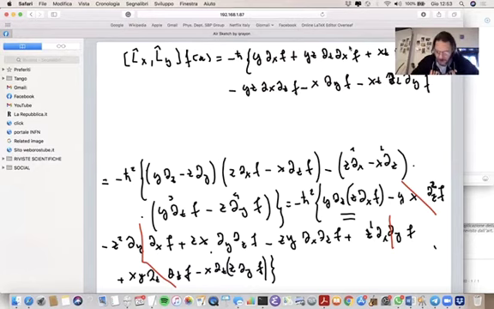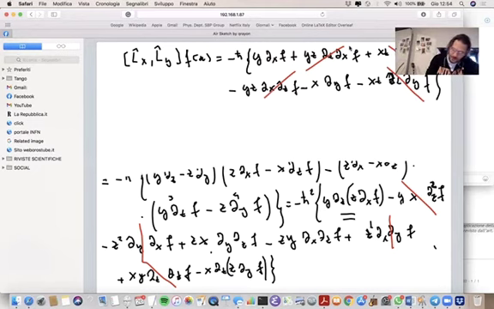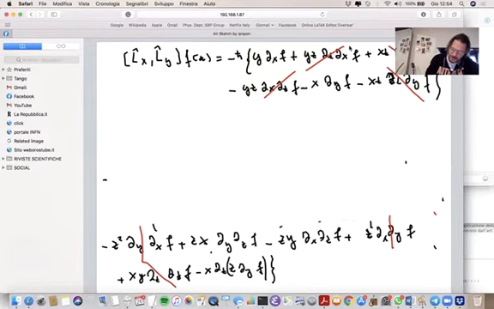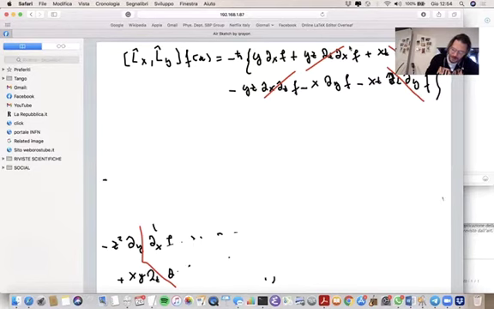Now, if I've done things correctly, there should be major cancellation now. In fact, there we go. This cancels with this. And this cancels with this. So, luckily enough, I've done calculations correctly. I can erase this now.